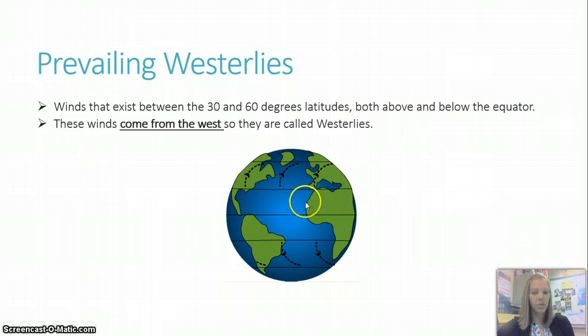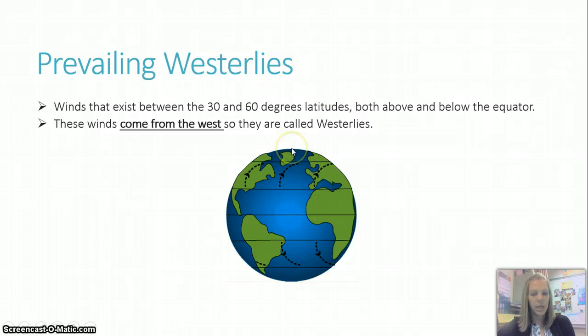So again, we have the trade winds down here. We have the polar easterlies up here, and so what happens is both of those, the high pressure is located away from the equator, the low pressure is located on the equator, and therefore they're moving towards it.